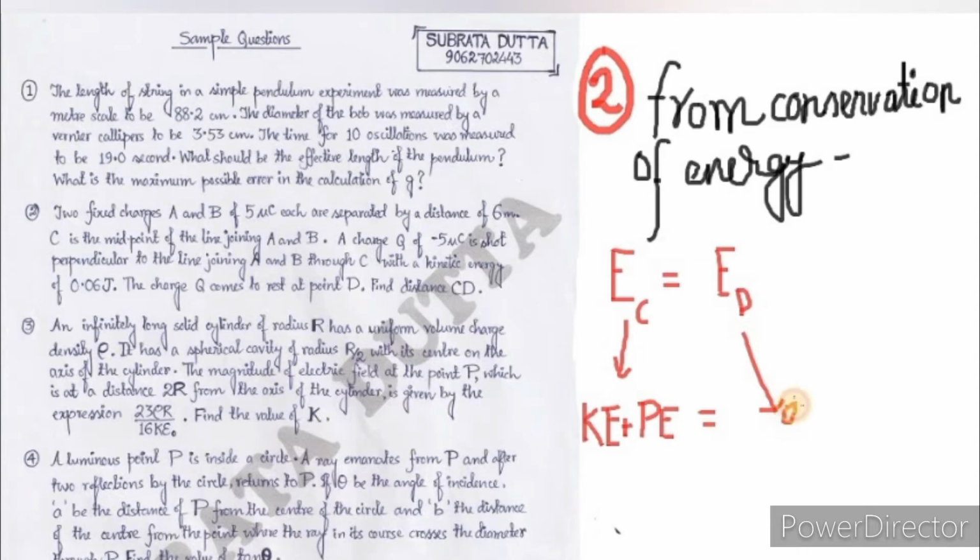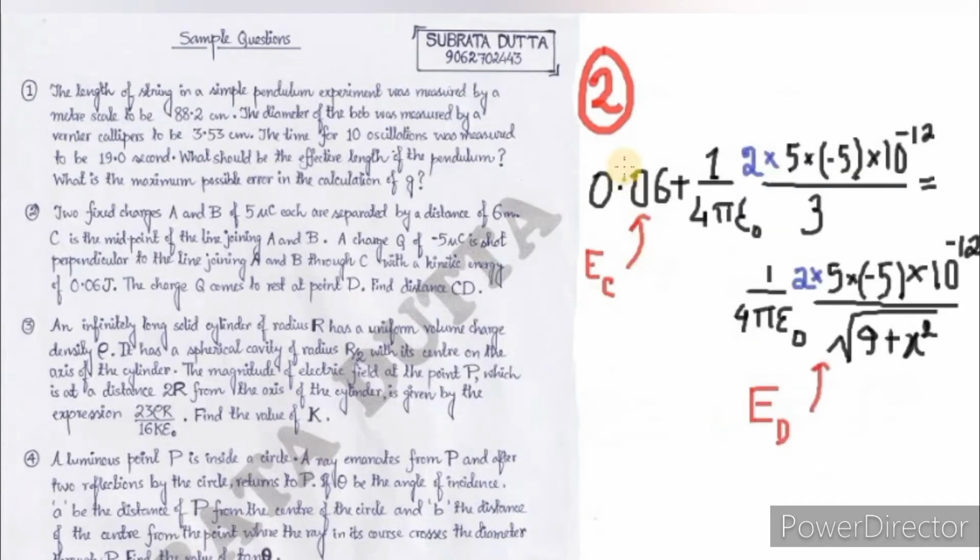At point C it has two types of energy: potential energy gained during its motion from X to C, and kinetic energy with which it was shot. But at point D it is at rest, therefore it has only potential energy. Now applying the potential energy formula due to point charges.